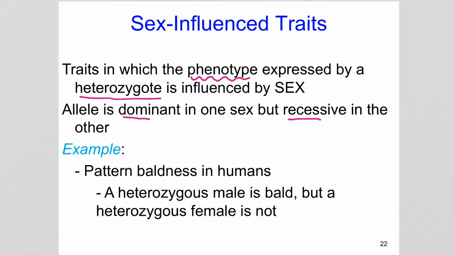Same deal, this can actually occur on either the X chromosome or an autosome, it doesn't matter. But a great example of this is pattern baldness in humans. A male who is heterozygous for the condition is actually bald, but a female is not. So what does that mean?